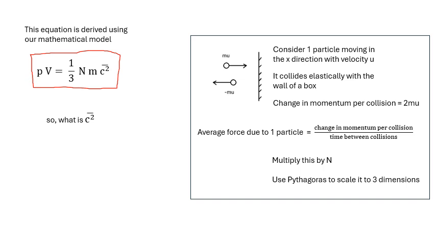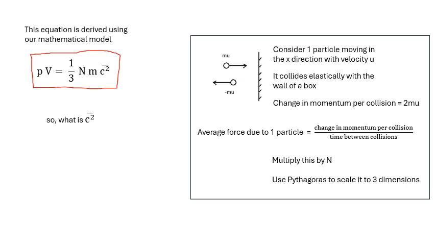You multiply that by big N because there's that many particles, and then you get it back to 3 dimensions with a bit of 3-dimensional Pythagoras, and that's where the third comes from. And basically PV is a third N m c squared bar. The important thing is that this equation comes from kinetic theory. It doesn't come from any experiments, it comes from kinetic theory.